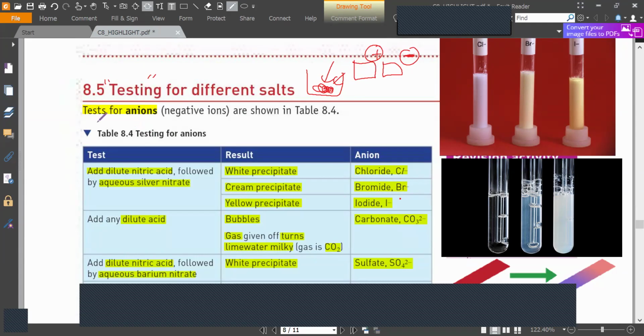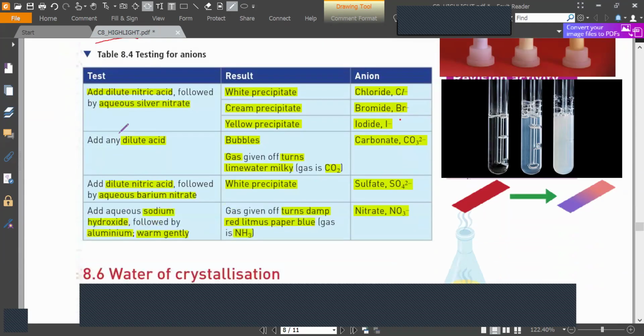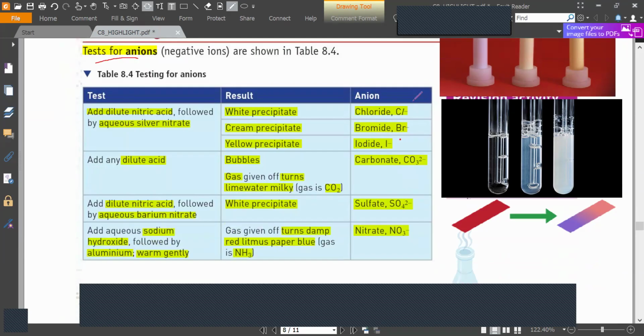So we have tests for anions. These are the anions that we need to know how to test for in IGCSE: chloride, bromide, iodide, carbonate, sulfate, nitrate. Chloride, bromide, iodide is the same test: dilute nitric acid followed by aqueous silver nitrate.